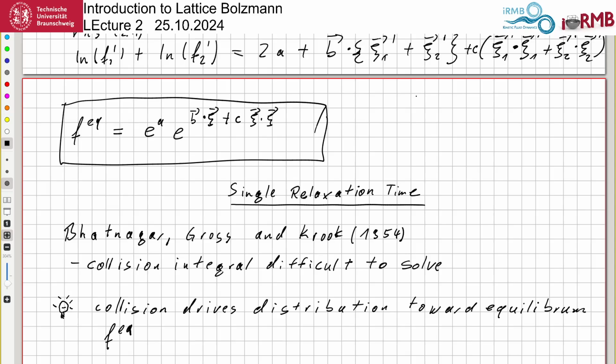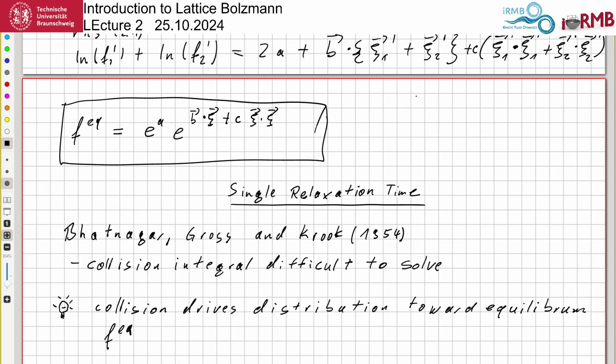Now, the straight line is the really difficult part, because we have no reason to assume that we go in a straight line. But what Bhatnagar, Gross, and Krook did is that they just assumed we go in a straight line. So in this very high dimensional space, just a line, and then the entire thing becomes one-dimensional.